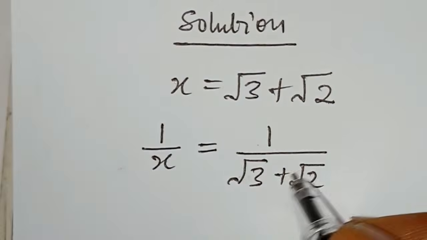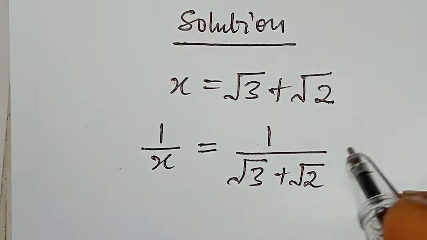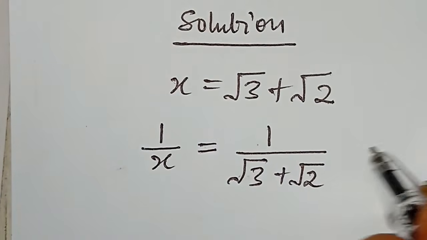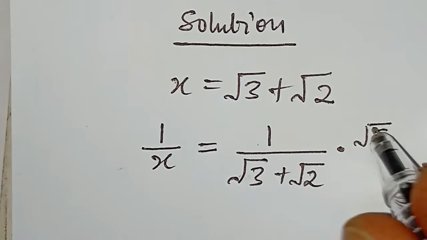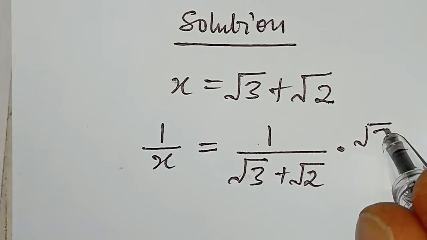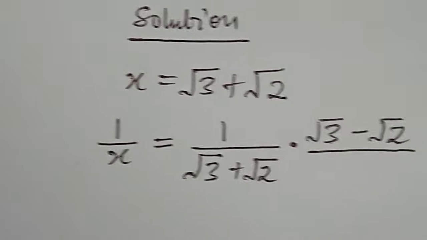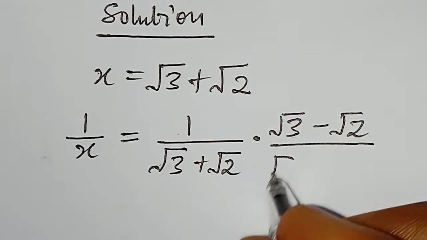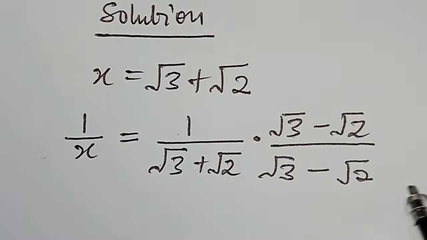So from this, we can multiply this by the conjugate. That will give us square root 3 minus square root 2 over square root 3 minus square root 2.